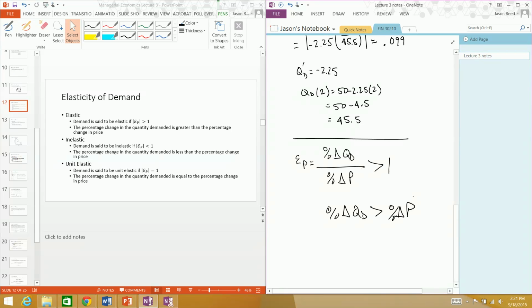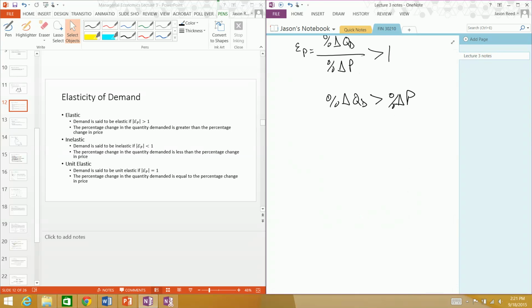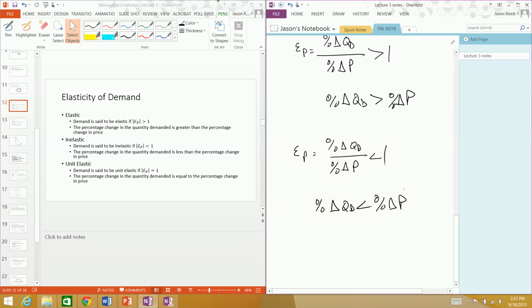So this has to be true: demanders are very sensitive to price changes. And then for inelastic demand, when we calculate a price elasticity less than 1, the only way for that to happen is if the percentage change of quantity demanded is less than the percentage change in price. And I think that's a really telling result here, and we want to use this intuition.